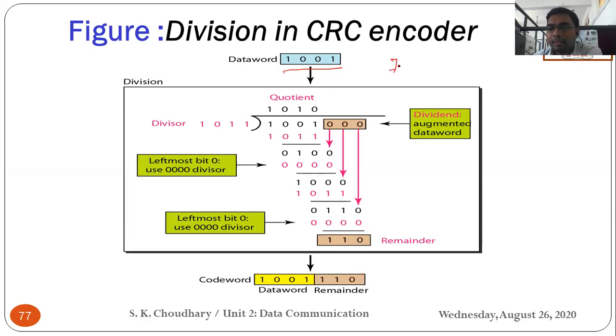So n is 7, 7 minus 4 is 3, so 3 zeros go at the end of the message data word. Now it becomes a 7-bit data word, and this 7-bit data word would be divided by a 4-bit divisor. You can take any combination of 4 bits. We have taken 1011.